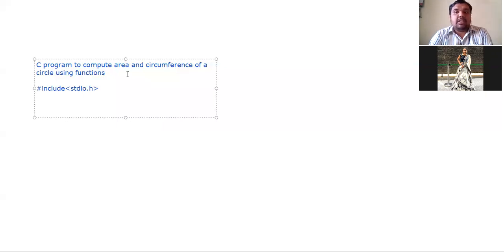Now let us write functions separately for reading the input, displaying the output, computing the area, and computing the circumference of the circle. Let us go with the usage of global variables and local variables as well as the function call.